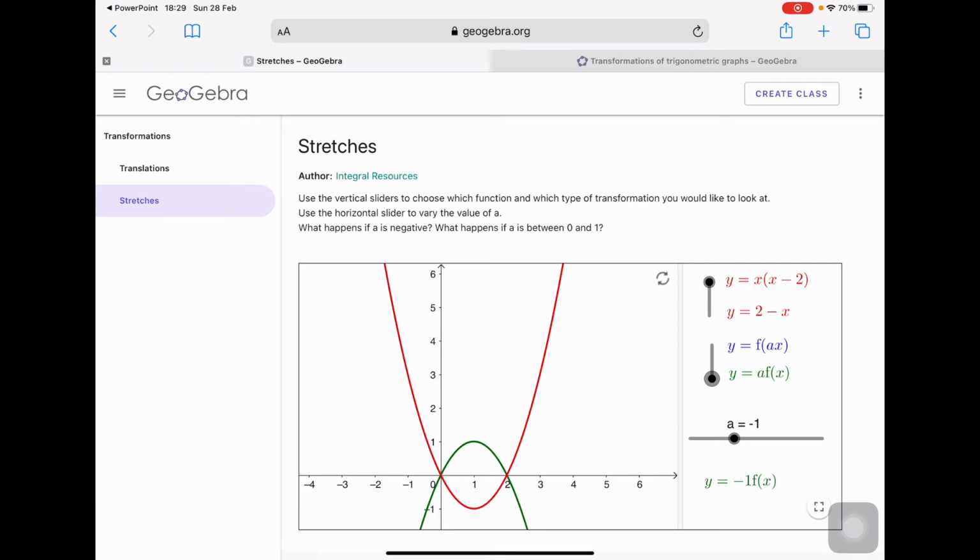Here we have a stretch which affects the y values. So let's just try 0.5, we're halving all the y values.